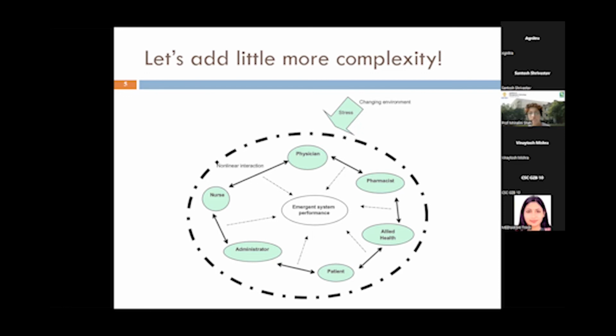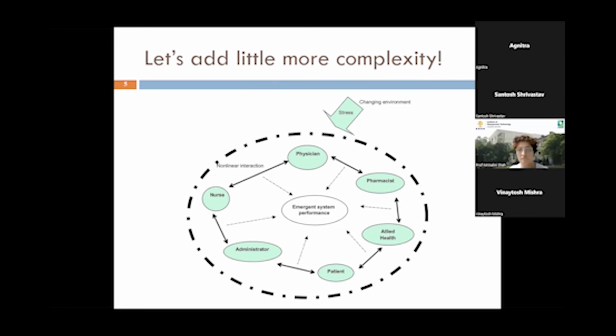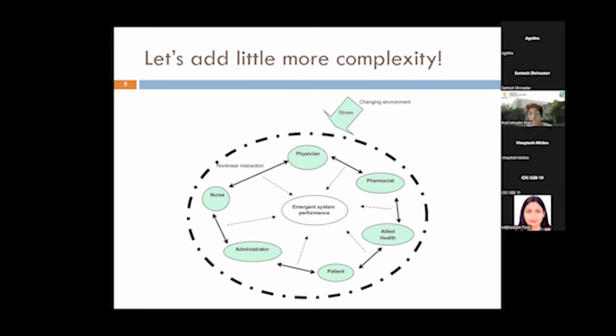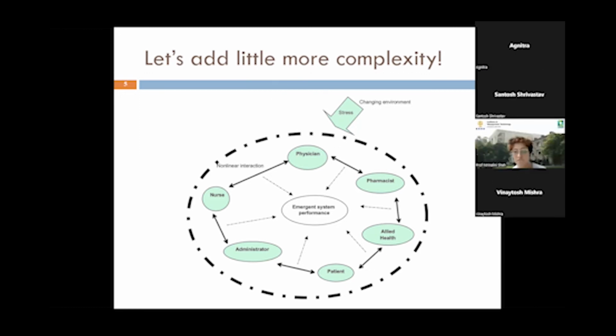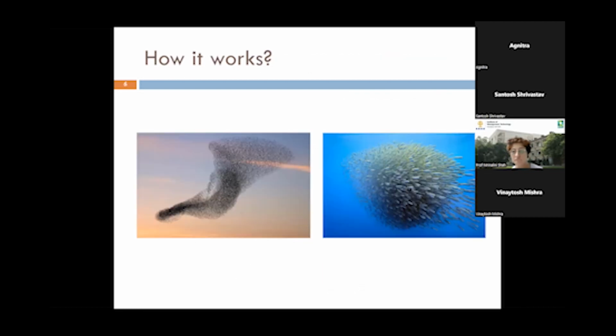So the healthcare system we are going to discuss in terms of supply chain is not only complex and dynamic, but adaptive also. So we are talking about a complex, dynamic, adaptive system, and that we will discuss today. Later we will try to model a small system also.